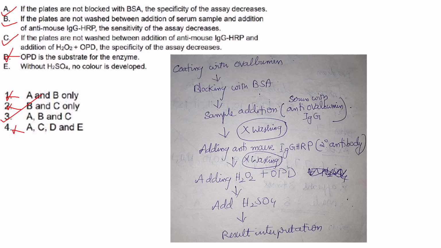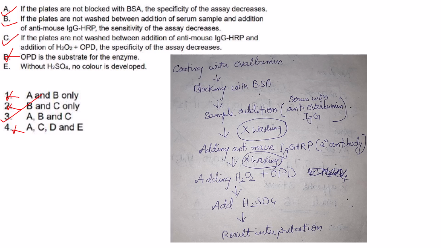Then, without H2SO4 no color is developed. That is wrong, because H2SO4 is added to the enzyme reaction so that it will stop the enzymatic reaction and thereby prevent further color development. So after 2 minutes or 1 minute, depending on the standardization that you have done for your ELISA, you can add H2SO4, and H2SO4 will change the pH of the solution.